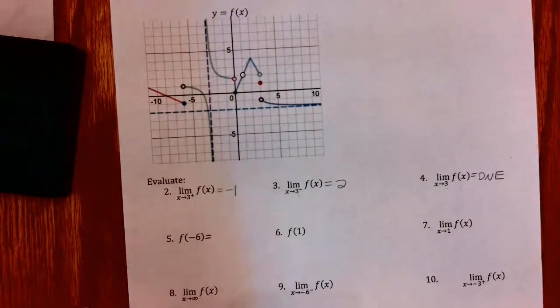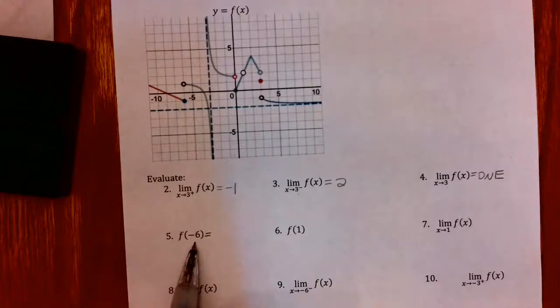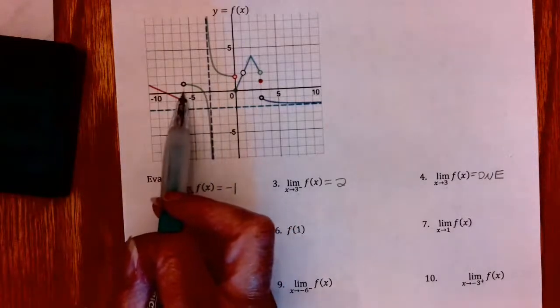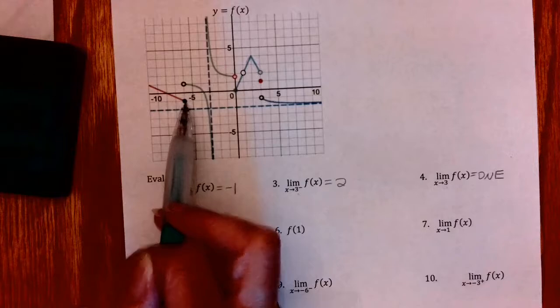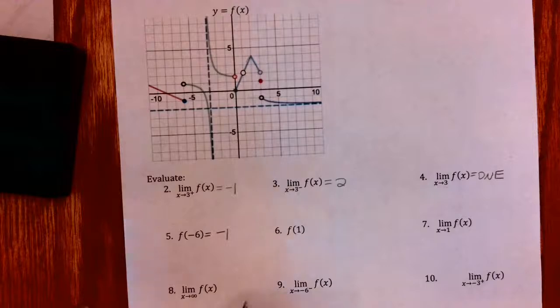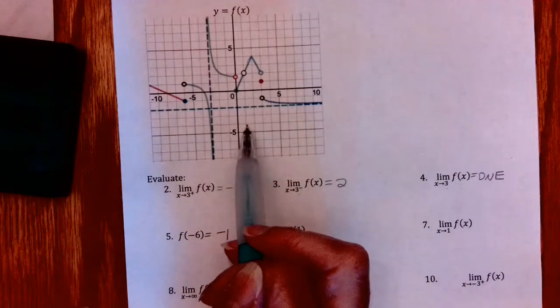f of -6 is pre-calc notation for a point. So when your input is -6, where are you on the graph? If I go over here to -6, I look up and down, I find the closed circle, so that height is -1. Again, point notation for f of 1: I go to my graph at 1, and I look up, I look down.